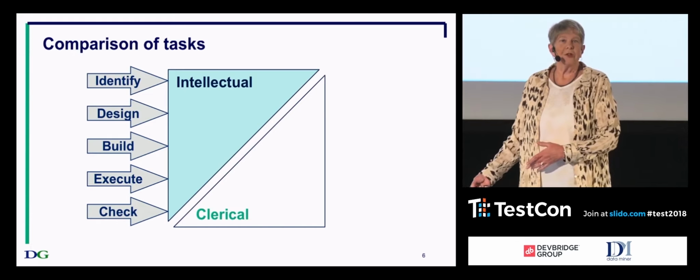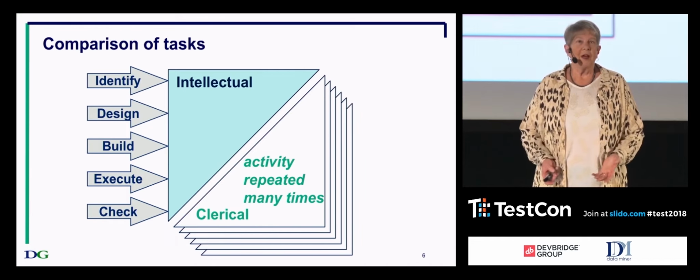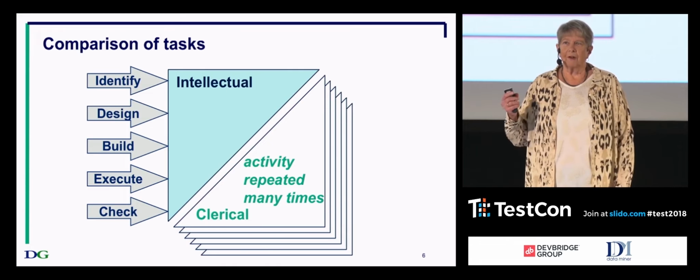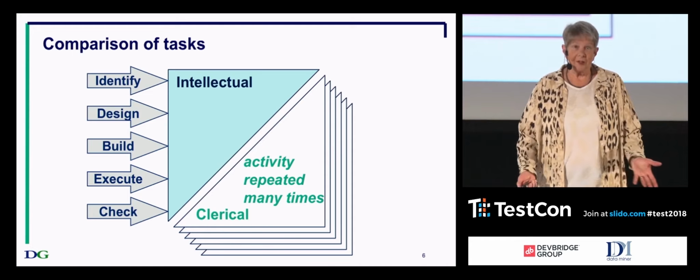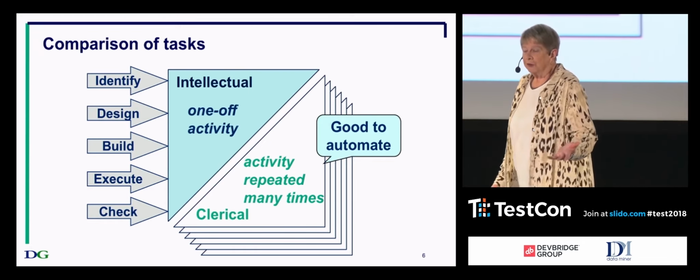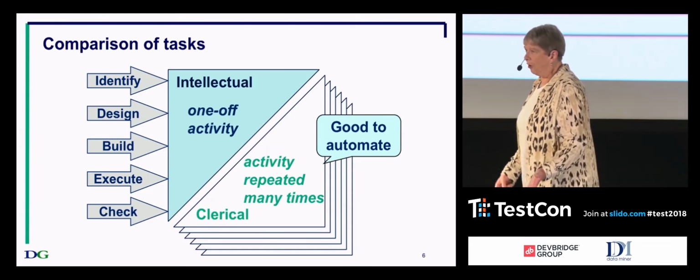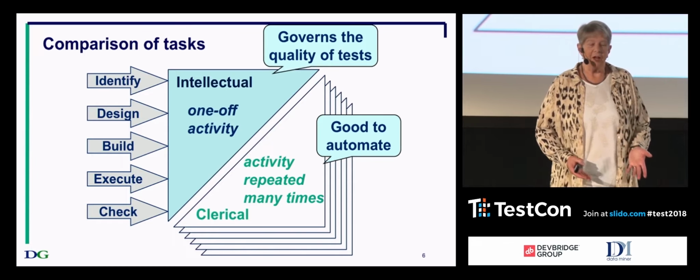Well, it's the latter things, isn't it? The execution of the tests and the checking of results. So we're doing that many times, and it's clerical. Let's see. What do computers do best? Yes, that's why it's good to automate that type of activity. But the other ones are more often a one-off activity, and they are the ones that determine the quality of the test.